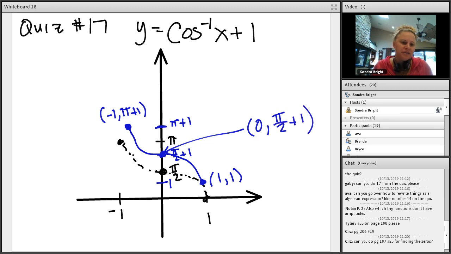Anyway, you need exact values. You should not be giving decimals or not labeling those exact values.